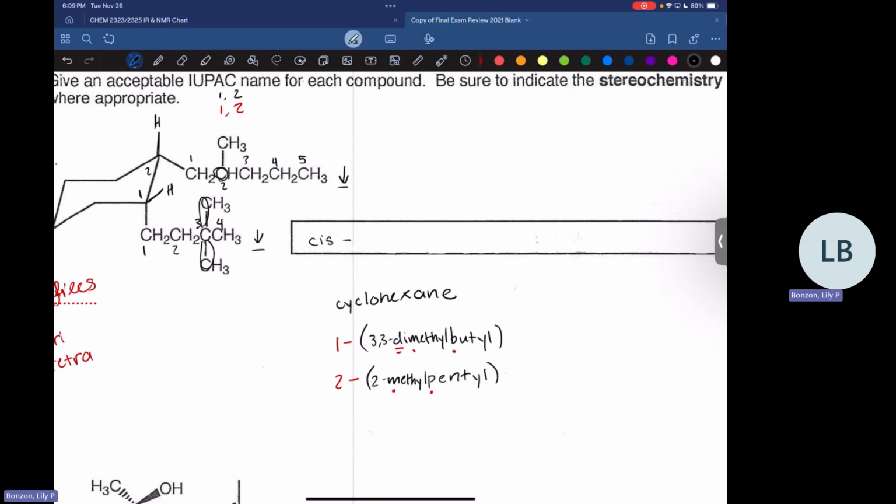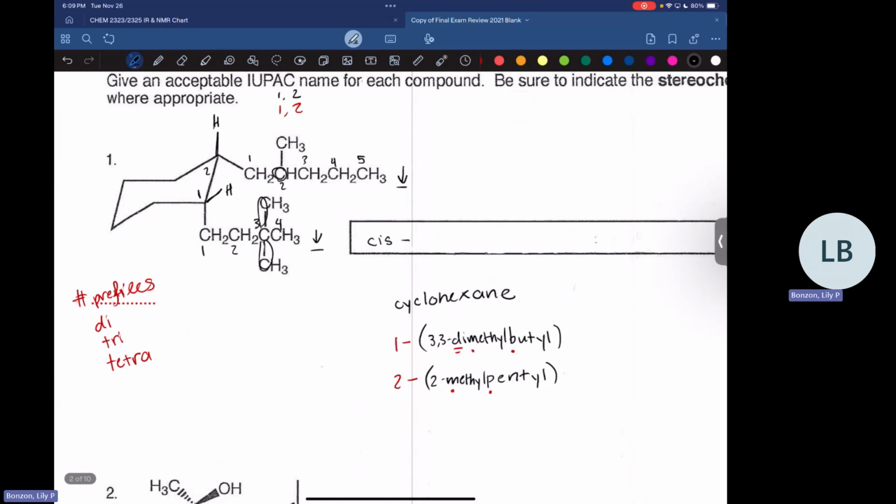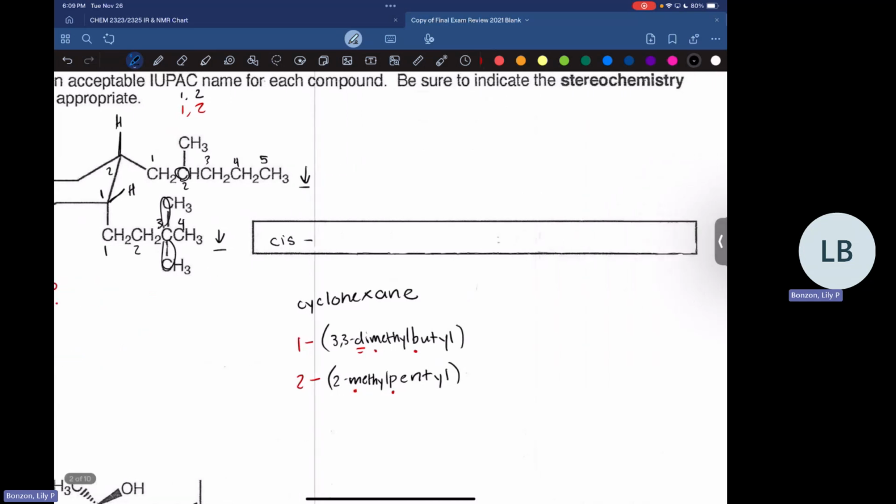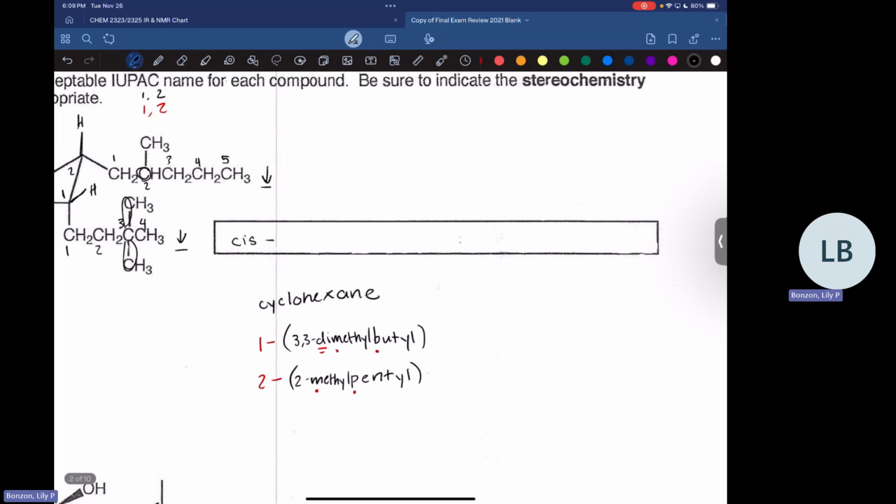So that's our stereochemistry. We don't have any double bonds or wedges and dashes to do E and Z or R and S. So we can just move on to putting our name together. We have cis for our stereochemistry. We put our substituents in alphabetical order.